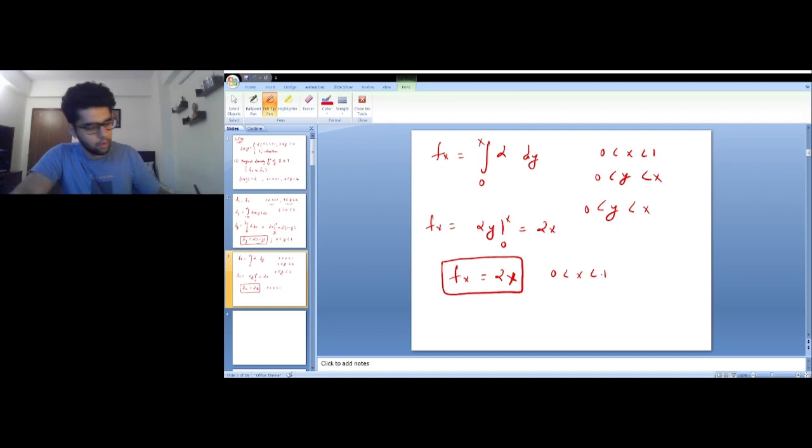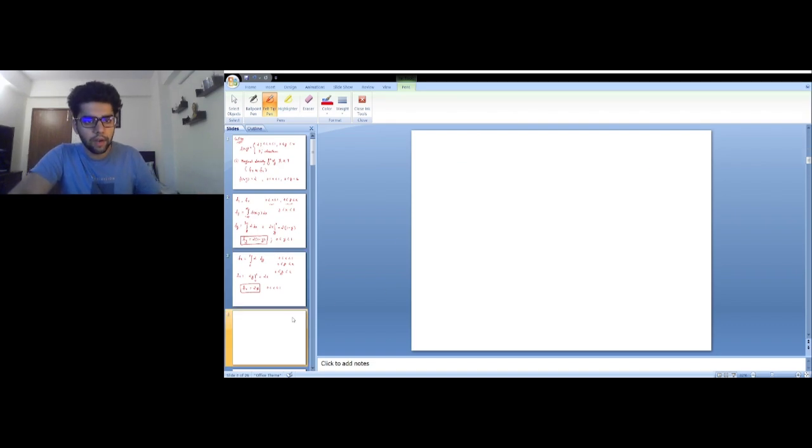Yes. So now the second part says to find the conditional density function of y given x is equal to x, and the conditional density function of x given y is equal to y. So we need to find the conditional density function of y given x is equal to x.